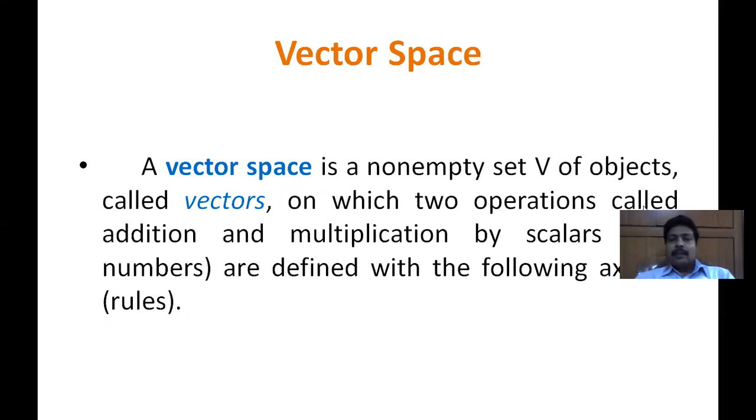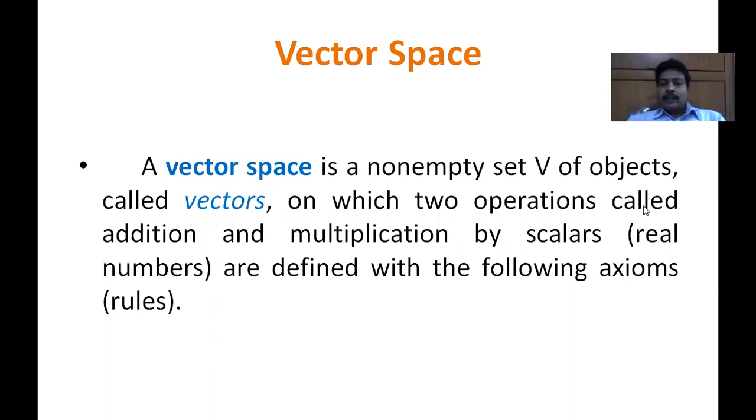First, let us recall the definition of vector space. A vector space is a non-empty set V of objects called vectors on which two operations called vector addition and scalar multiplication are defined with the following 10 axioms. So it is a non-empty set V of objects.